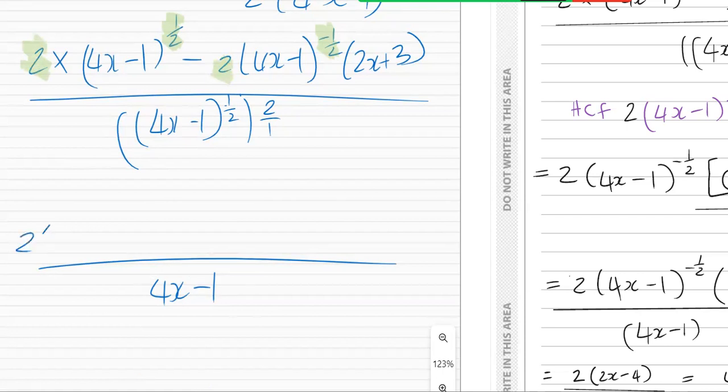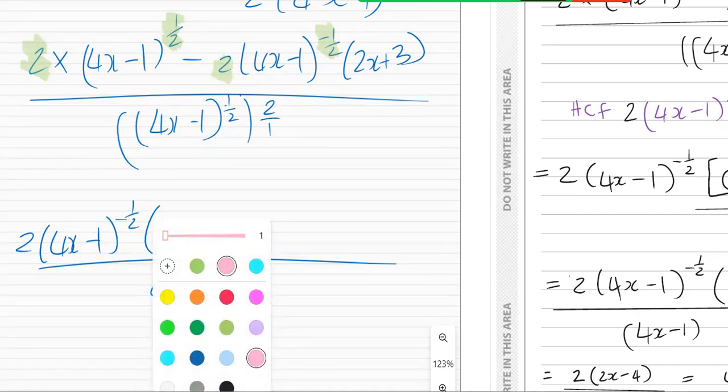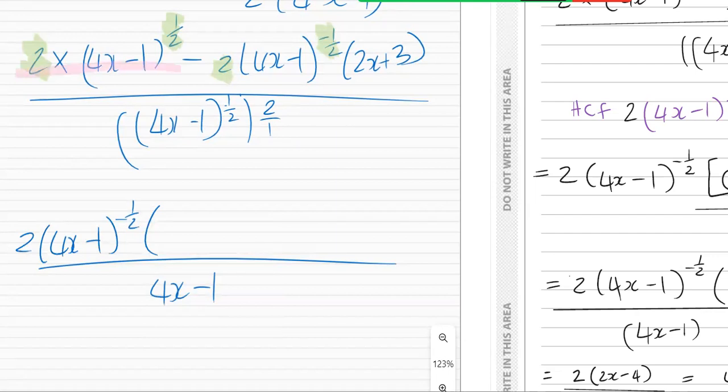So I would take out 2, 4x minus 1 to the negative a half. And I have to ask myself, as I open up my bracket, what's left over? For this first term, the 2 is gone, so you just have 2 times 1, which you normally wouldn't write, but just for clarity. And then we still have 4x minus 1.